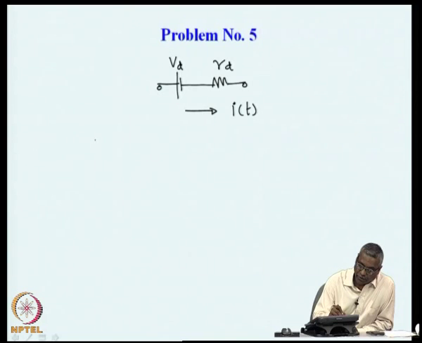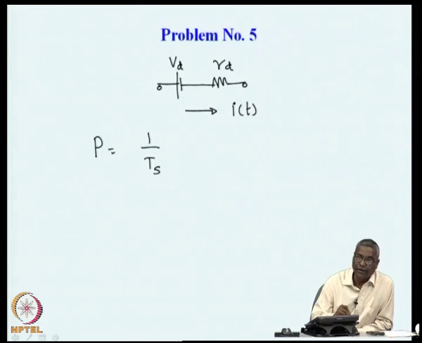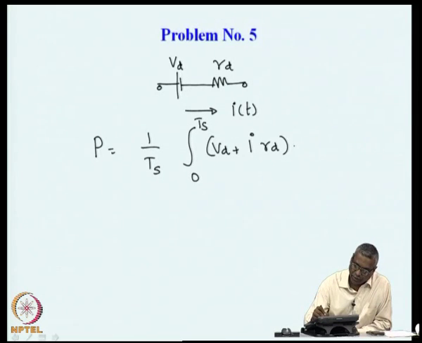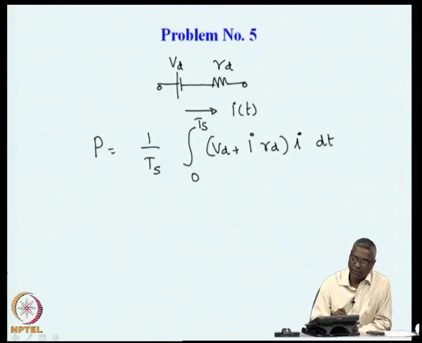So, we can say that the power loss in this device is 1 by whatever is the period, Ts, and integral 0 to Ts of the total voltage across the terminals, which is Vd plus I into Rd, multiplied by I into dt. So, this is the total dissipation that is going to take place.